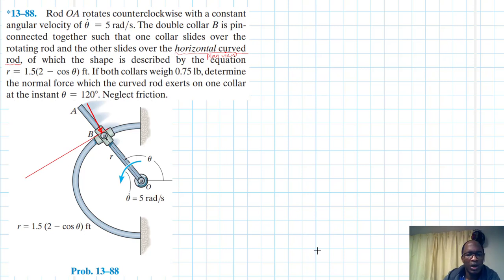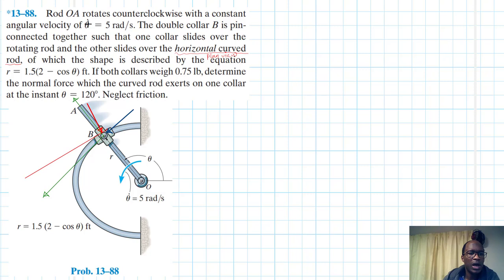And then we do have also a force perpendicular to the arm. There'll be a force there. Then we have one coordinate we are calling the radial, and another coordinate we are calling theta.